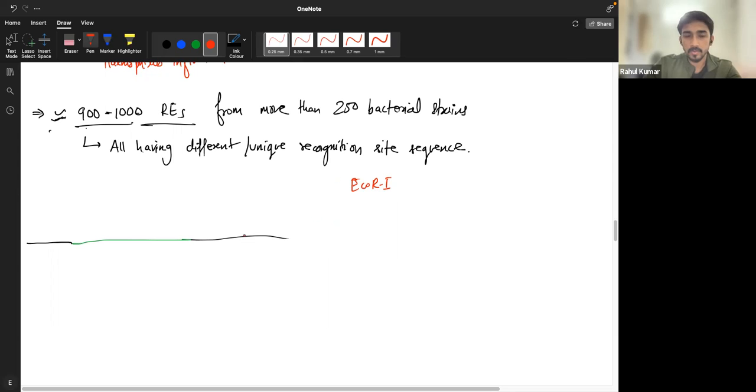It's the restriction endonuclease. And EcoR1 has a recognition site here, here, and here. And this recognition site, let's say, for example, is 4 base pair long.